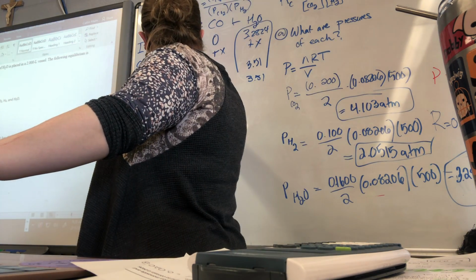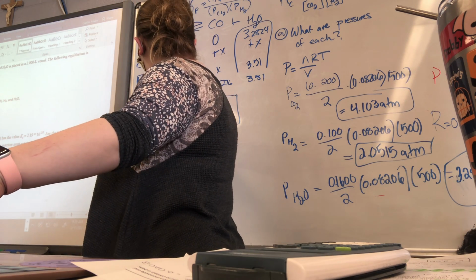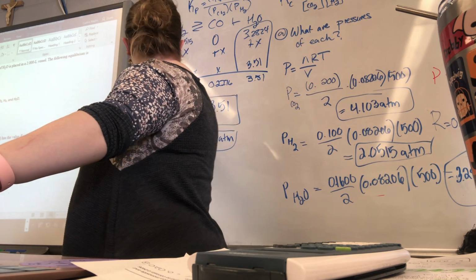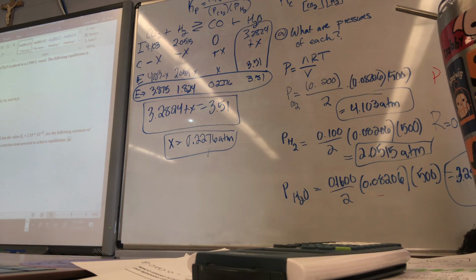I got 1.824 here, and I got 3.875 here. All right, so here are our equilibrium pressures.